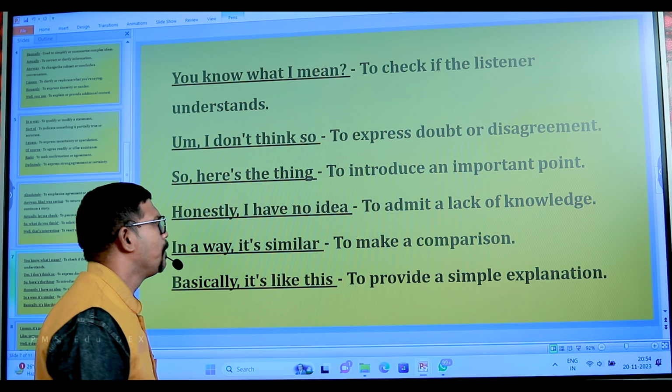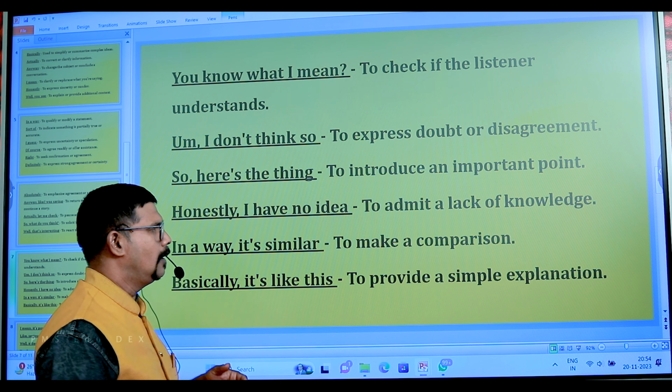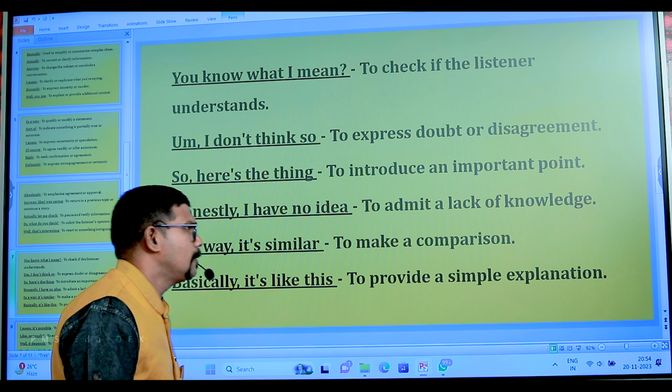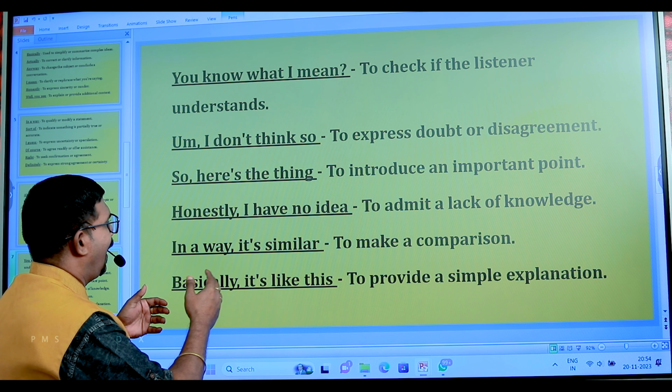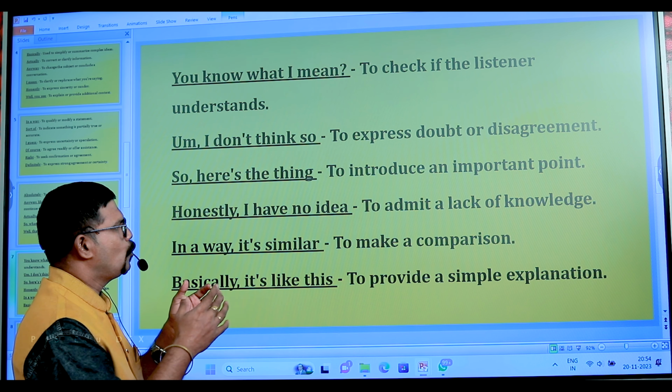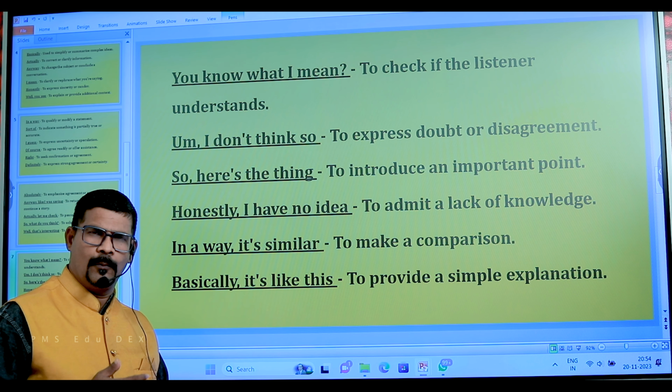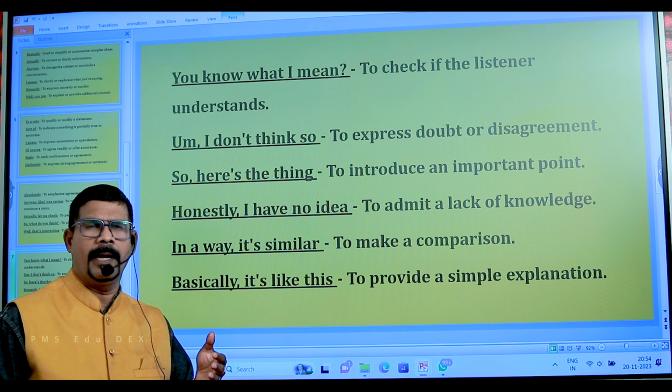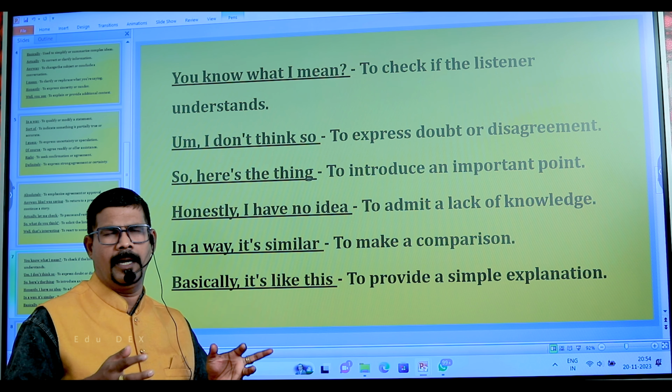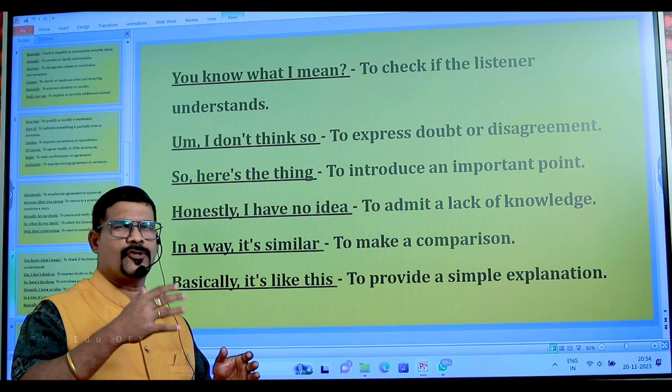When you use this filler, it introduces an important point. Honestly, I have no idea, to admit lack of knowledge. When you say this, we admit that we don't have much knowledge on this particular topic or idea.